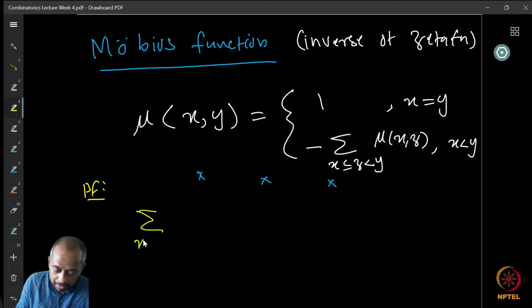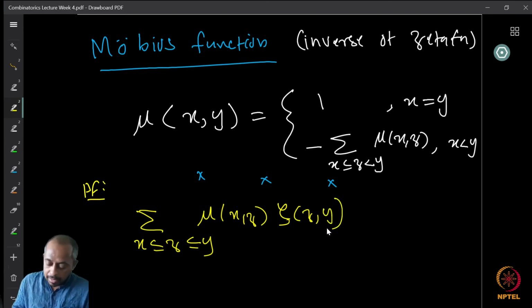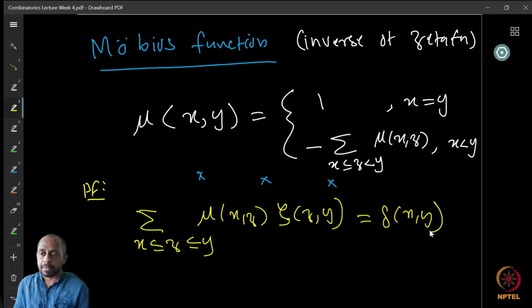By the definition, it is the summation over x less than or equal to z less than or equal to y of mu of x comma z into zeta of z comma y, which is equal to delta of xy. And this is whenever x is less than or equal to y.